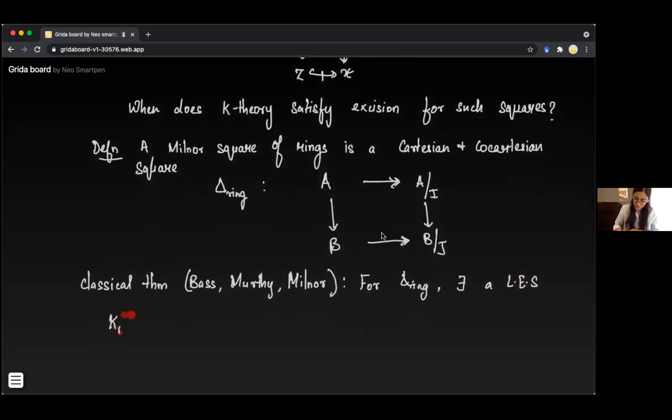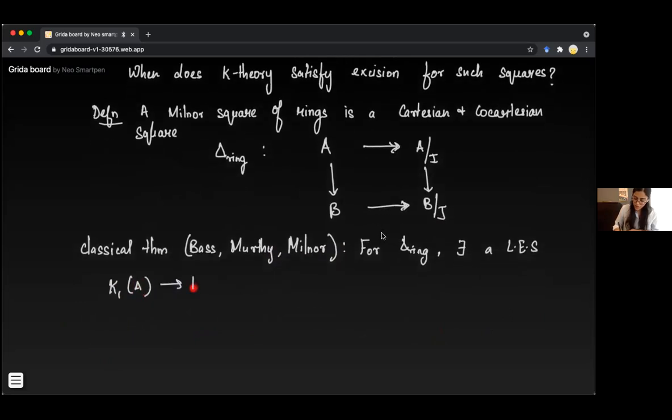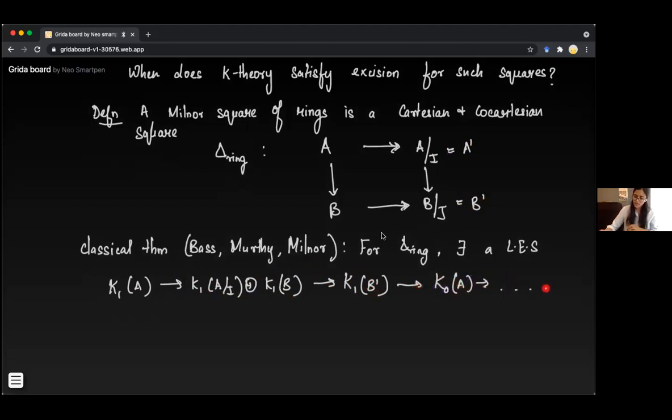So K1 of A would map to K1 of A mod I direct sum K1 of B. So let me just call this A prime and B prime. And then this goes to K1 of B prime. And there is a boundary map which goes to K0 of A and so on. And it extends all the way to the right to the negative K groups.